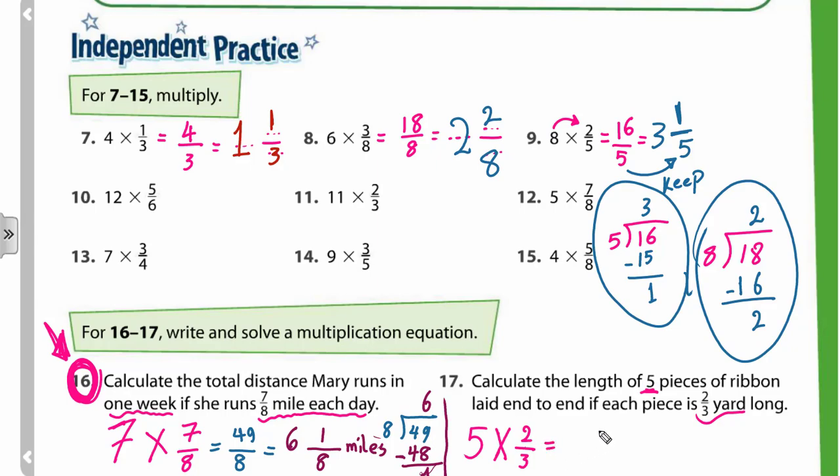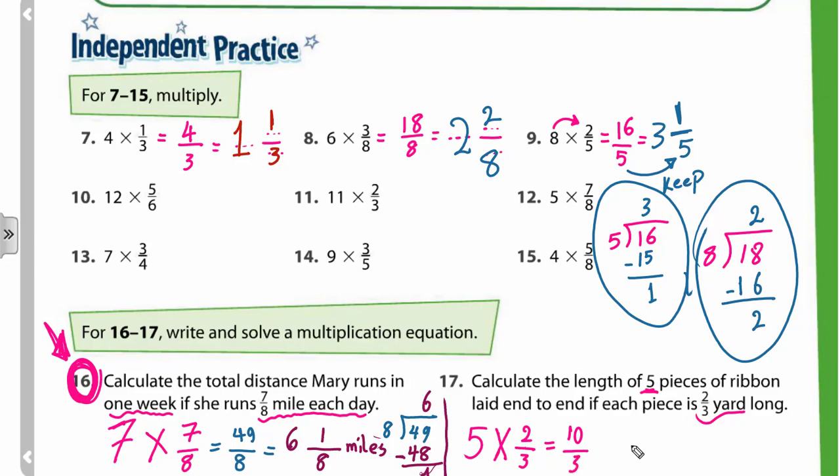Go ahead. 5 multiplied by 2 equals 10. And down in the denominator, 3. Great work, my hero.